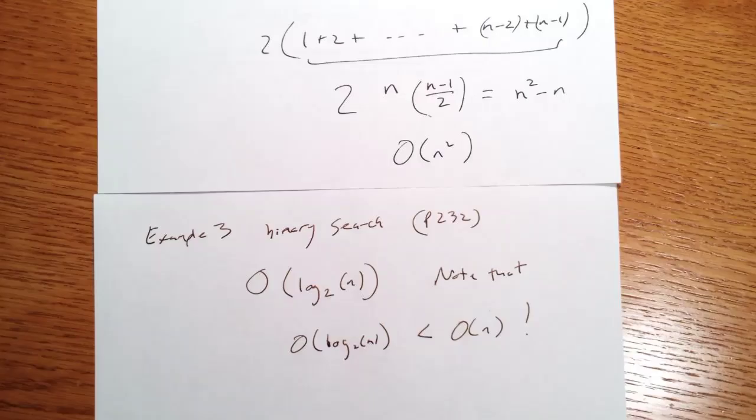Oh, it turns out that that is a much more general statement I can make. The binary search is order of complexity faster than the linear search.